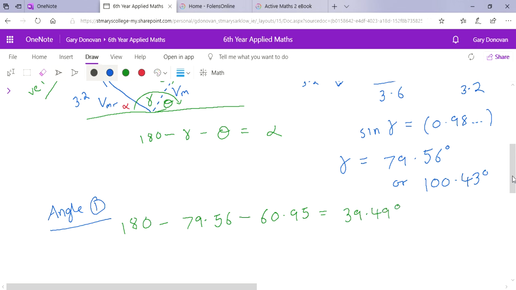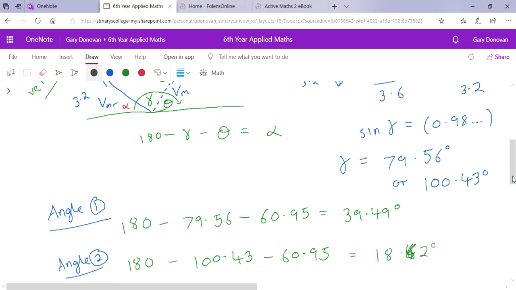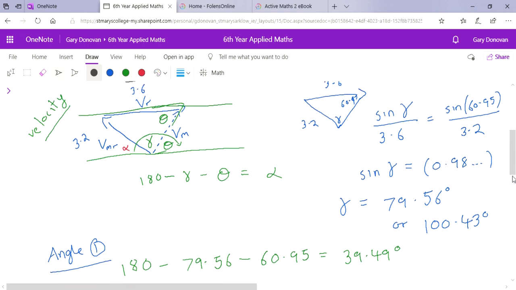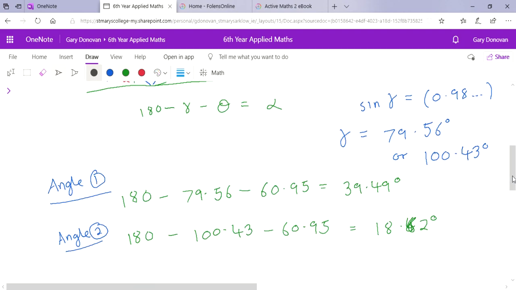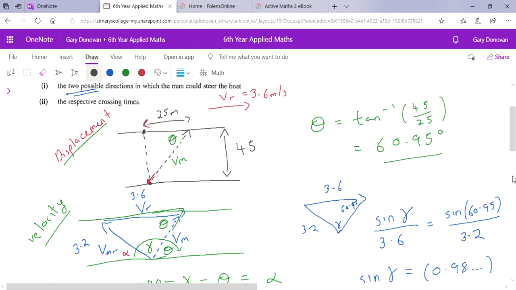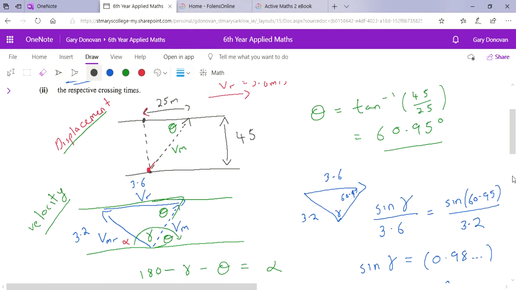And then angle 2 will be 180 minus 100.43 minus 60.95, because theta remains the same, which gives us 18.62 degrees. So that's part 1 answer, that's your two angles. So the maths is really easy in it, it's just the sine rule and using tan, but it's this diagram that you have to get right at the start.